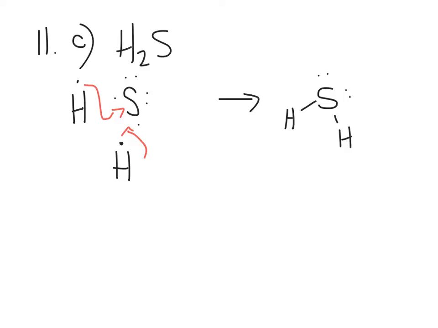Okay? Two electrons. And that's all I'm asking for a question like that. So if I say draw the Lewis structure for H2S, you would just show this. If I say show the formation using Lewis structures, you would do the whole thing.